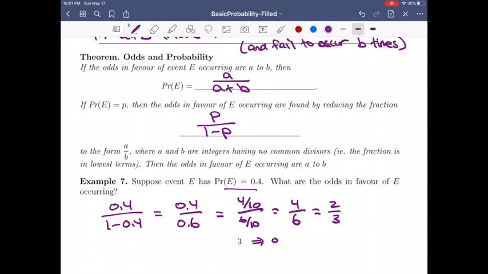So the odds in favor of E are 2 to 3. In 5 trials, we would expect it to occur 2 times and not occur 3 times. That is sort of the harder one, I think. So that's some basic probability.